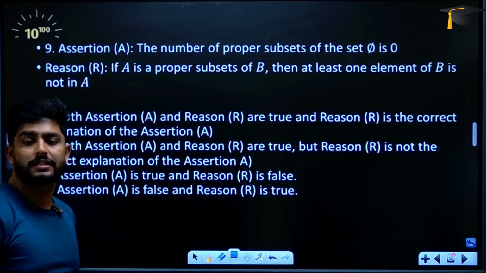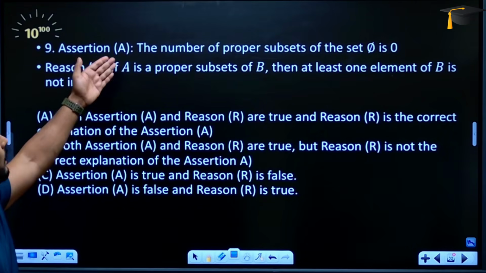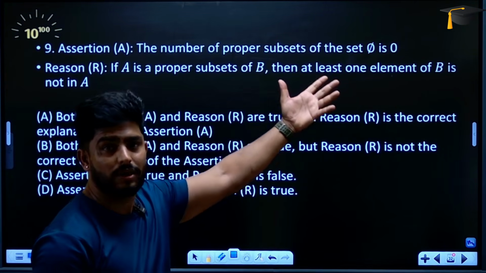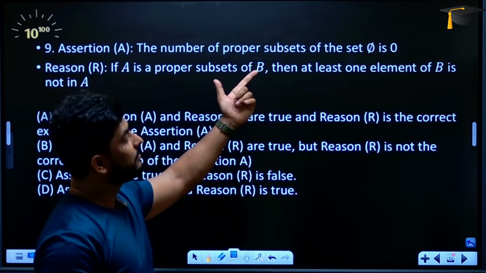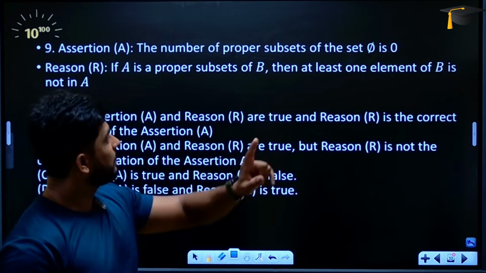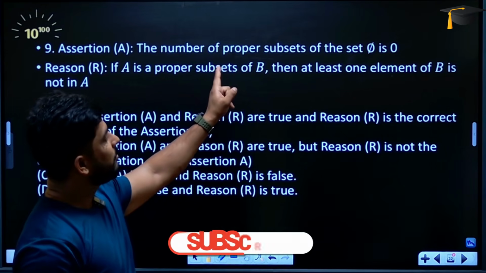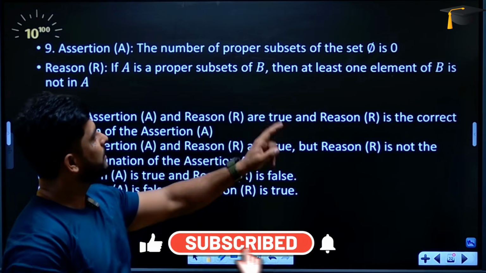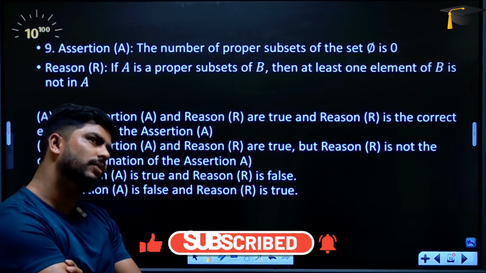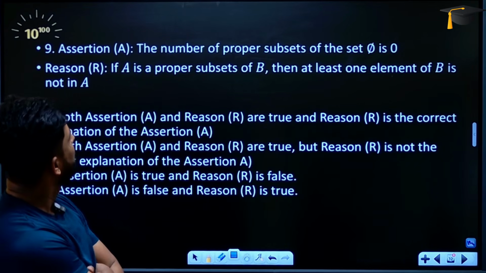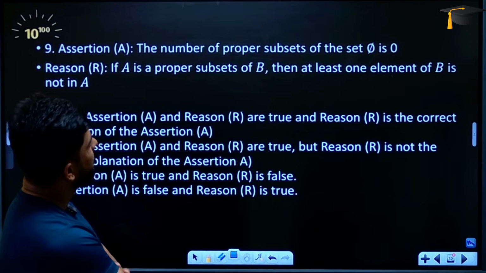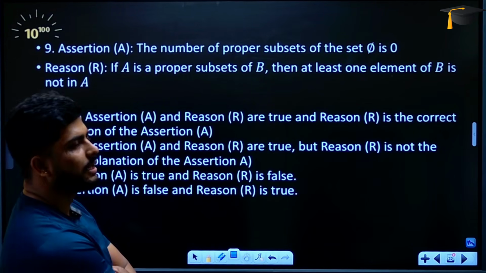Assertion: the number of proper subsets of the null set is 0. Null set ke subset bandu 1 there, and number of proper subset 1 irutte, and it is actually equal to 0.